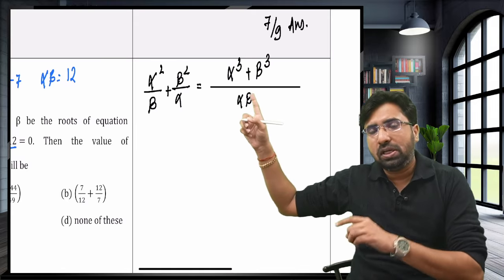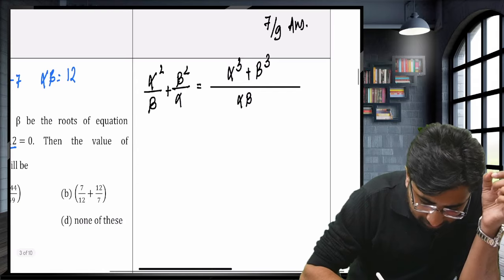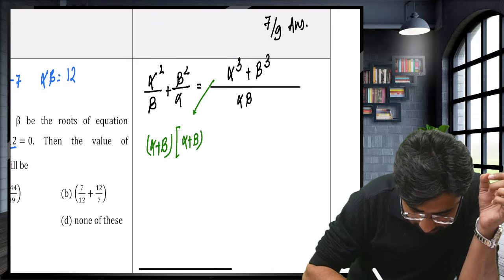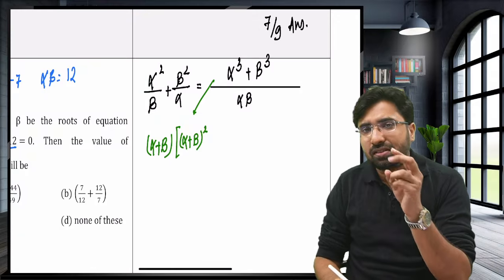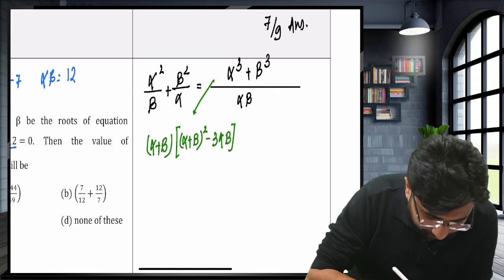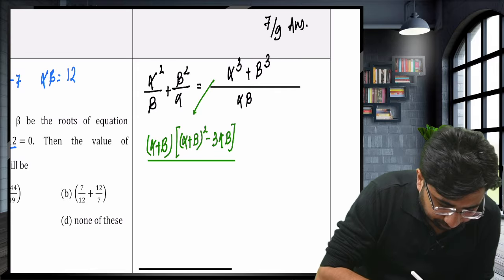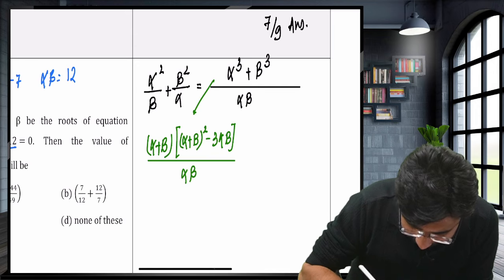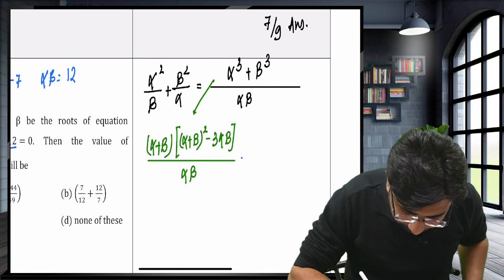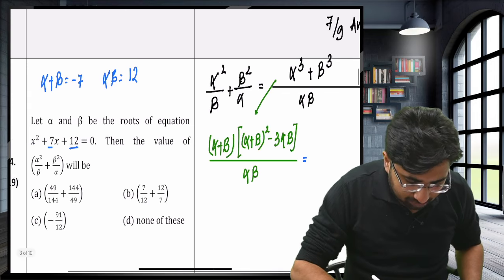I have made you remember this. We know this is alpha plus beta, bracket alpha plus beta whole square minus 3 alpha beta, now divided by alpha into beta. You know everything. Let's put the value. What is alpha plus beta?